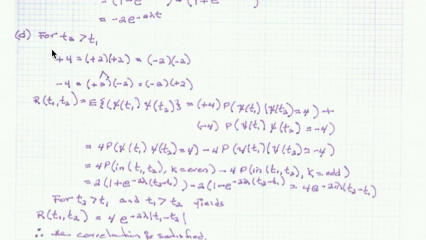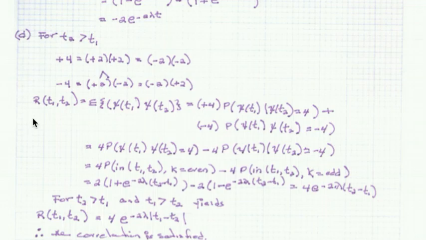But for part D and T2 greater than T1, we basically have +4 and -4, the corresponding levels on the graph for the two points. In one case being a +2 and +2 versus a -2 and +2, and a -4 correspondingly being a plus and -2 or a minus and a +2.